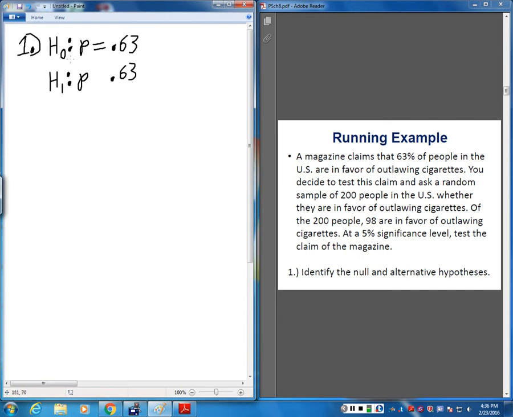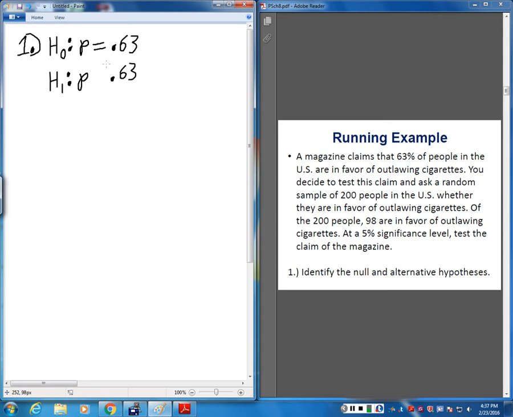And that's what I'll use in these videos. Some textbooks also use less than or equal to or greater than or equal to. And that's okay. But these videos will just use equals for the null hypothesis. Then H sub 1 uses a symbol of inequality, either less than, greater than, or not equal to.